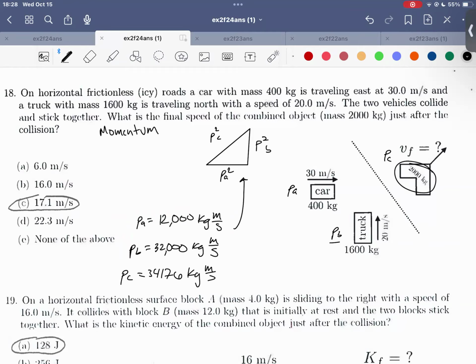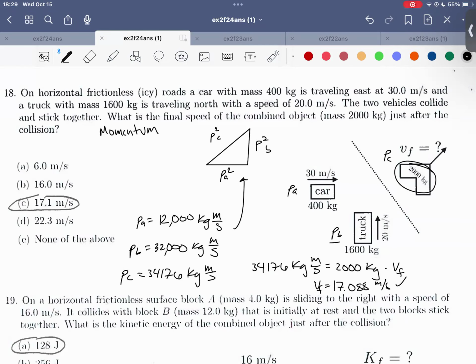And so to solve for velocity, we say, okay, and that's 18.